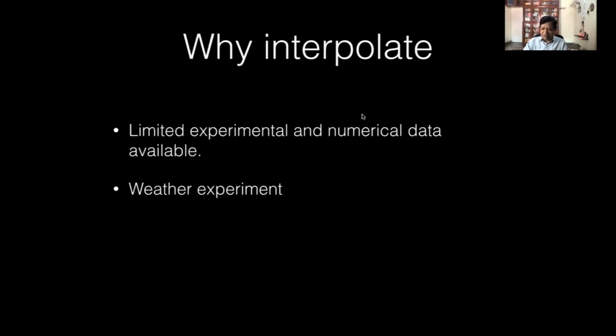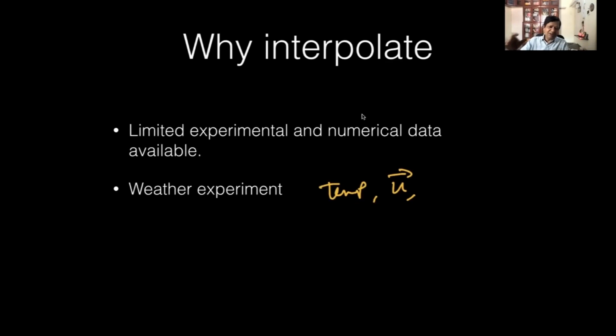Now, the example is a weather experiment. We have very limited data points. We need temperature, velocity, humidity, and so on. We can't measure this at every point on the Earth. Some places are just inaccessible. In Antarctica, you can't go and measure every point.